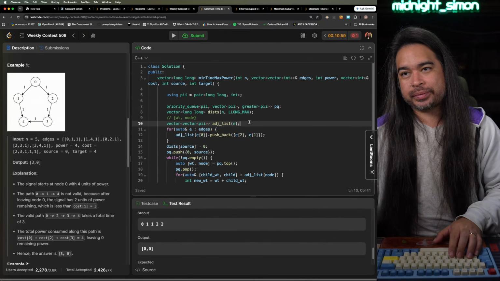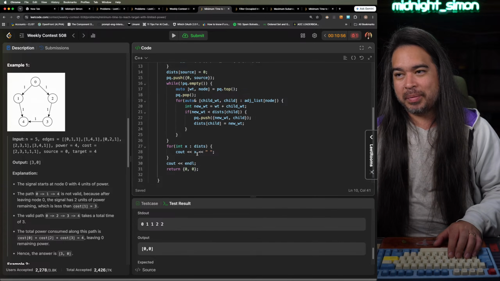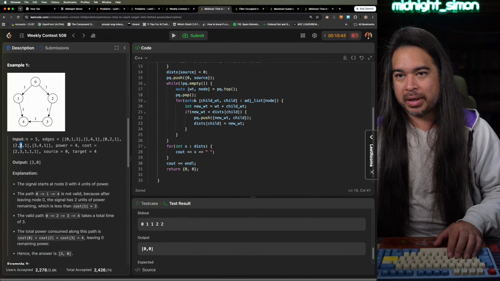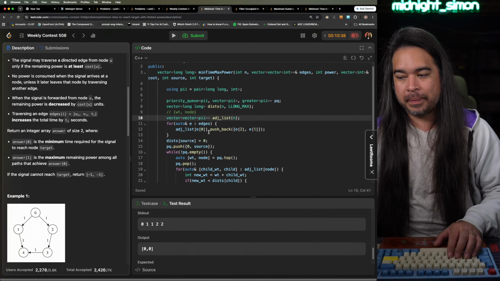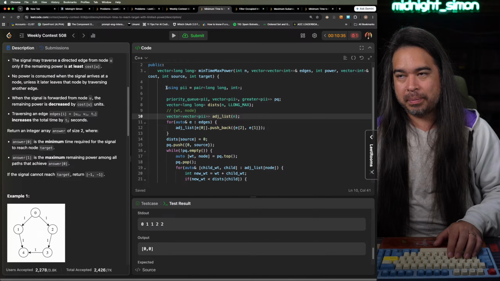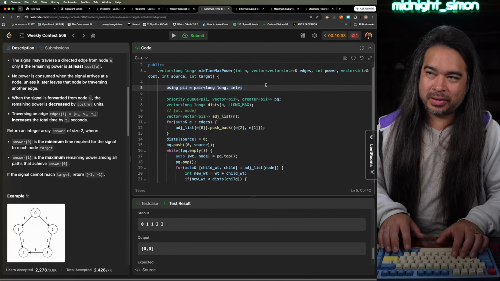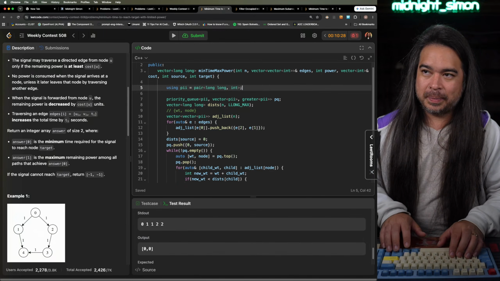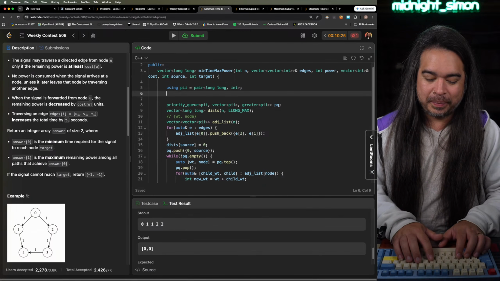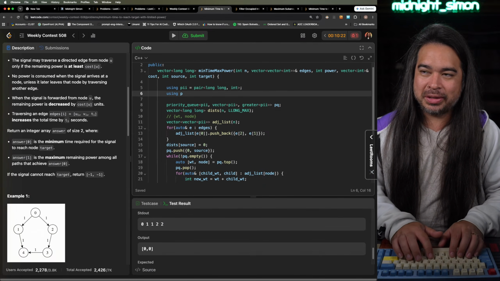Alright. My Dijkstra's is probably working. But my power thing ain't working, man. So I wonder if we just gotta make a tuple instead of pair long int. Man, I have some bad habits.